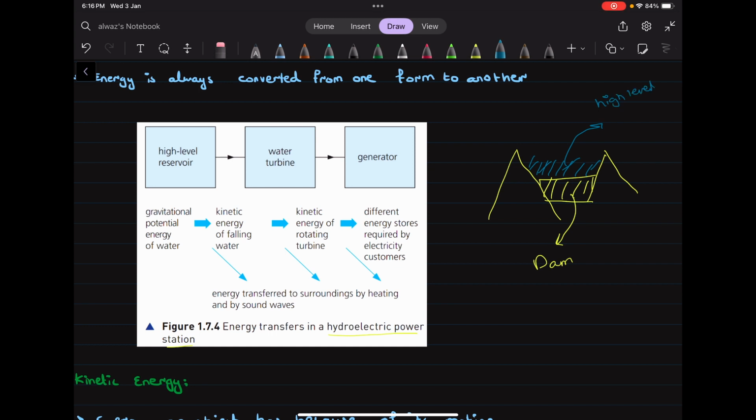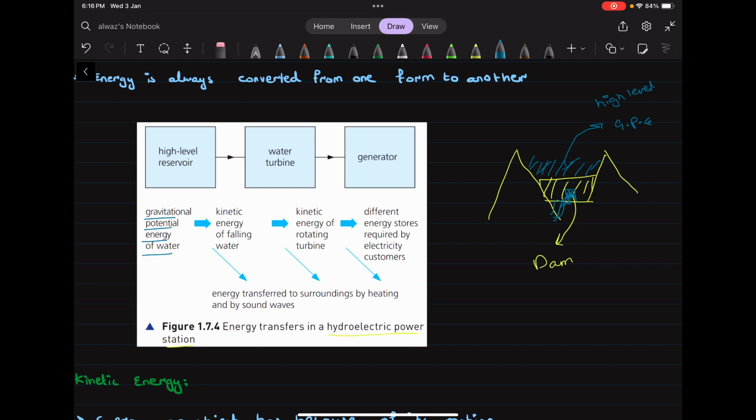Now, as the high level reservoir is at a height, between mountains, the water in the high level reservoir will have gravitational potential energy, as we can see here. When the dam is opened, or maybe a small gate is opened from the dam, we can see that the water starts flowing out.